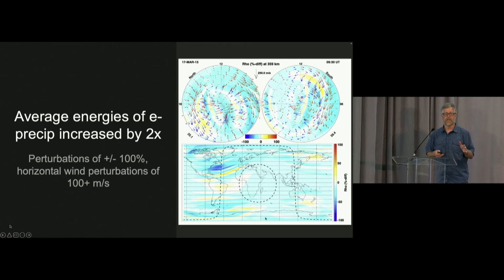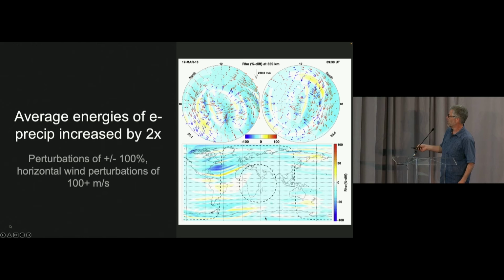The average energy of the electron precipitation is pretty difficult to get, especially if you have images. It's got a pretty large error. So we just doubled the average energy and ran the event again, at sometime 9:30 during the storm.